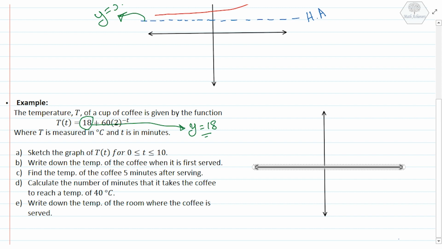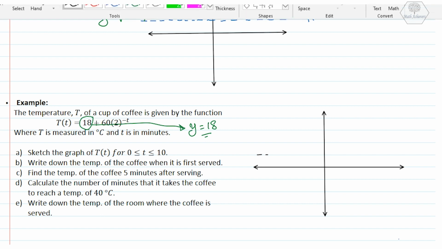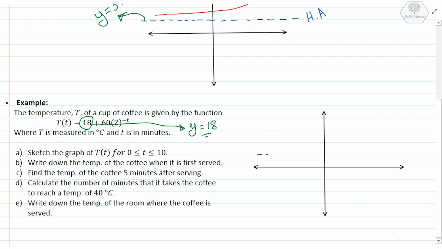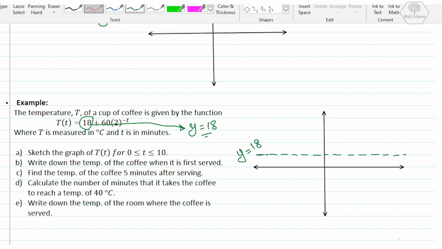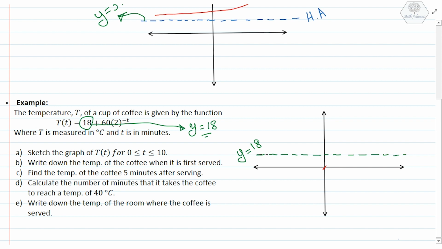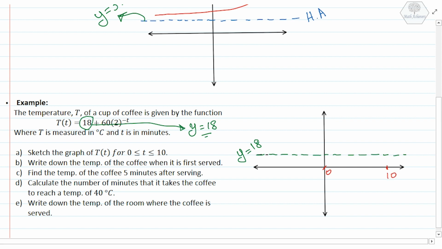Let me draw the horizontal asymptote in blue and green color. This is the horizontal asymptote, y equal to 18. Now I need to sketch the function for t from 0 to 10 only.